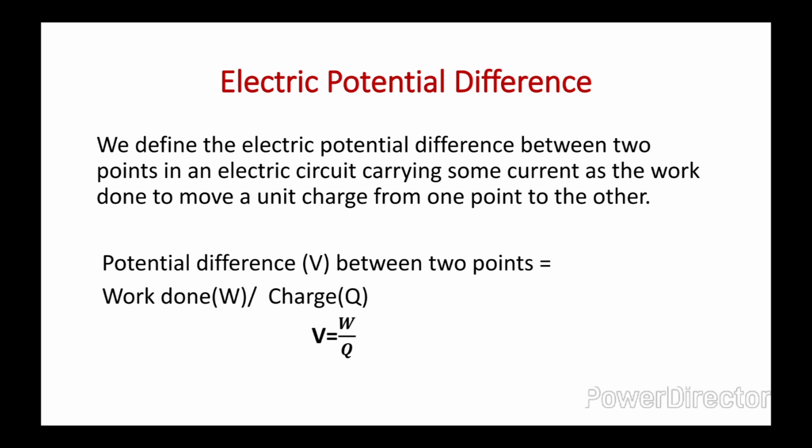The work is represented by capital letter W, the charge is represented by capital letter Q, and the potential difference is represented by capital letter V. So the potential difference between 2 points is the work done to move unit charge from one point to another point. That is, we represent it as V equals W by Q, and the unit of potential difference is volt.